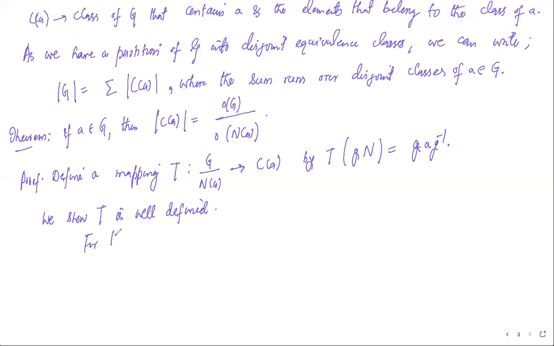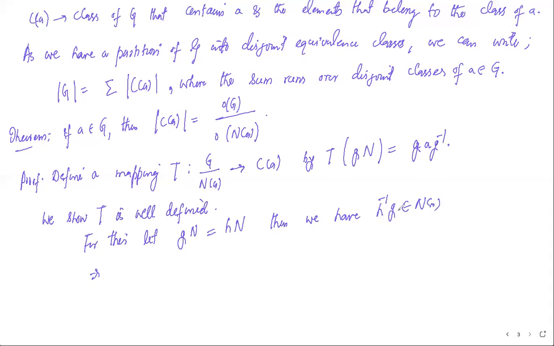For this, let gN be equal to hN. Then we have h inverse g belongs to N. So once we have an element in the normalizer, this N is actually the short notation for N(a).